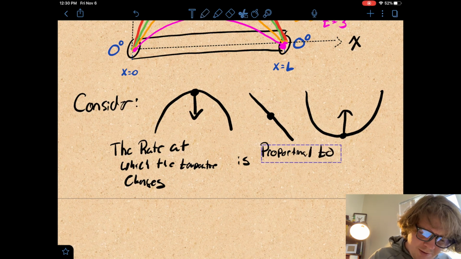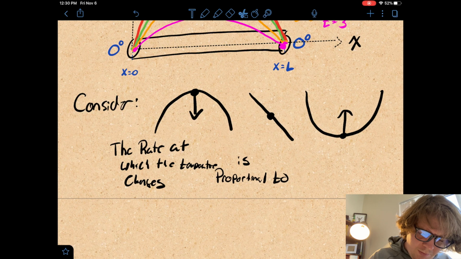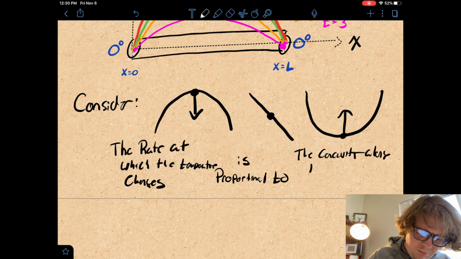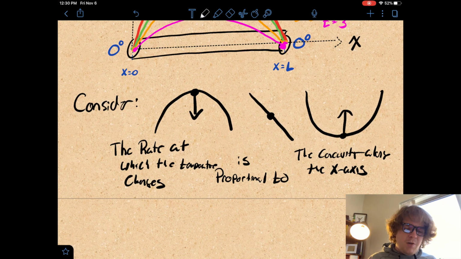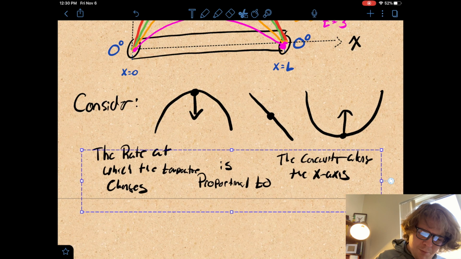Let me go ahead and slide this over here. Is proportional to the concavity. So now we have a verbal description of this scenario.